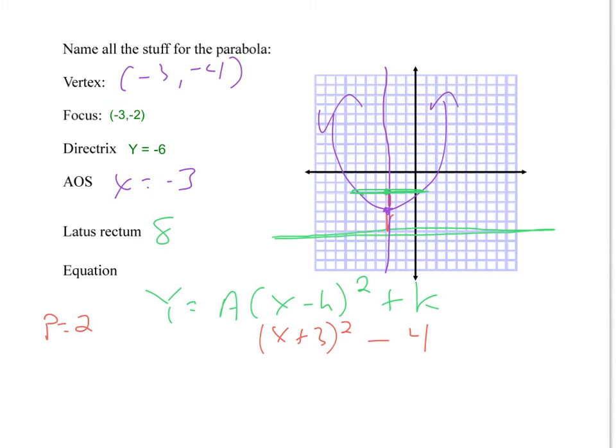Well, remember now, a is equal to 1 over 4p. P was 2, so a is equal to 1 over 4 times 2, which is 8, so a is equal to 1/8. So my equation is y is equal to 1/8 (x plus 3) squared minus 4.